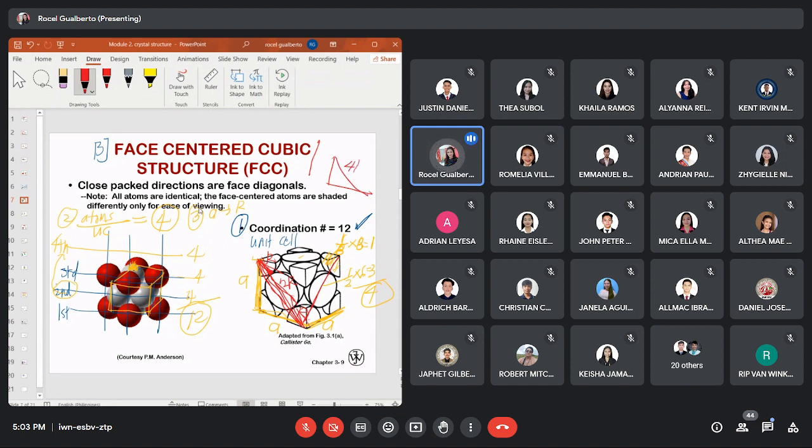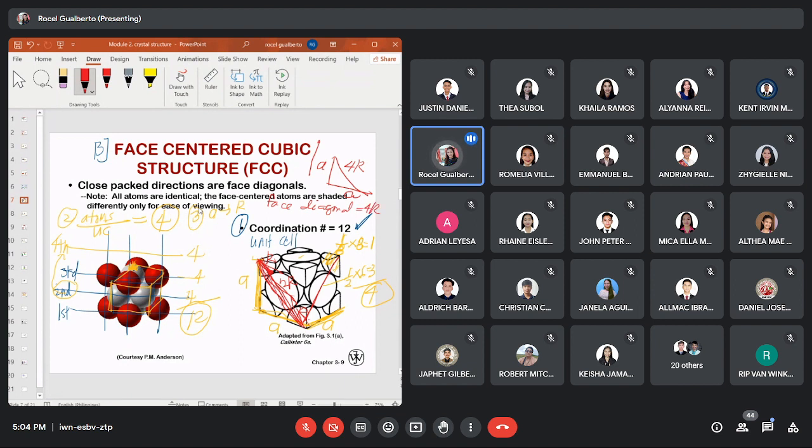This is 4R, this is A, and this is A. Ito po yung face diagonal, equal to 4R.